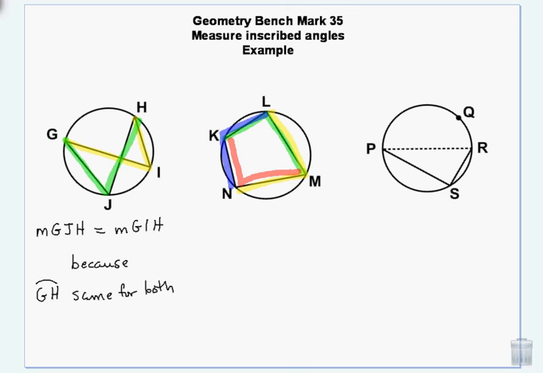The measure of angle K plus the measure of angle M is going to be 180 degrees because they're going to make together half of this.